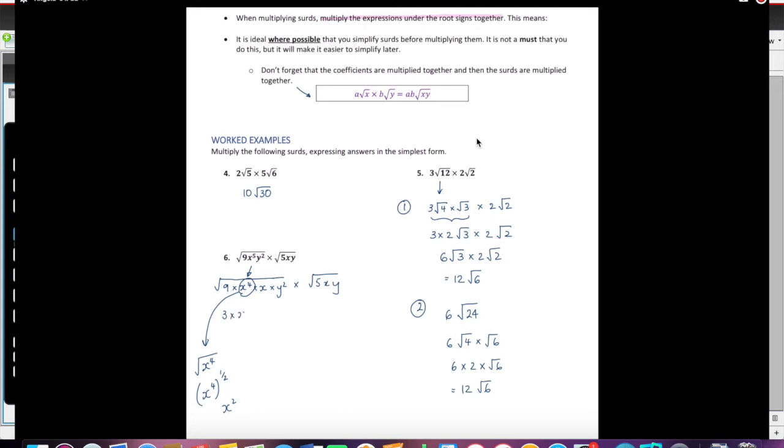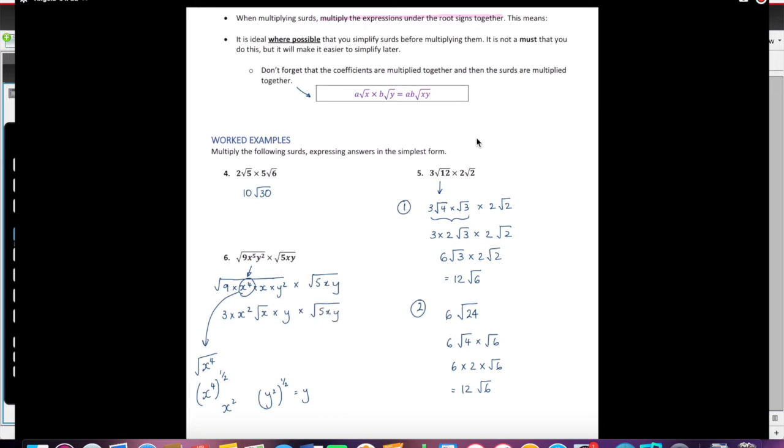So then I'm going to do 3 times x squared, then root x times, and then again y to the power of 2, and when simplified, it becomes y. So I'm going to write times y. Then that's times root 5xy.